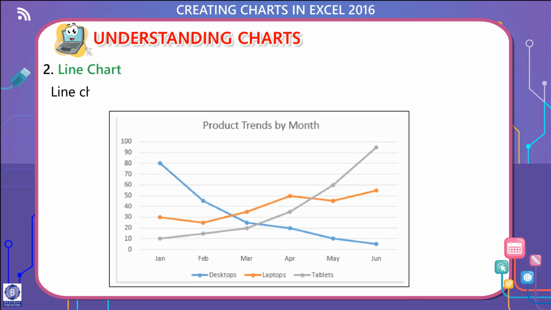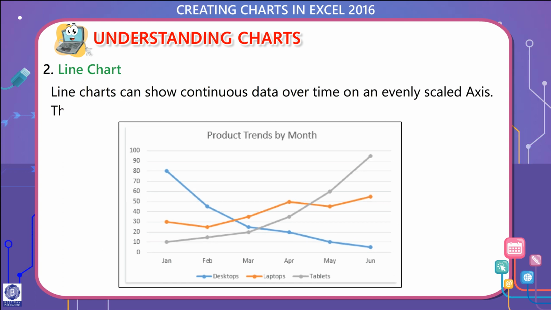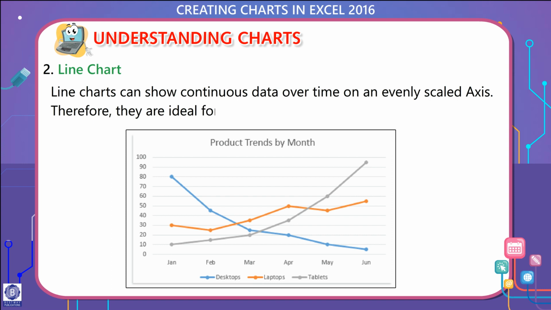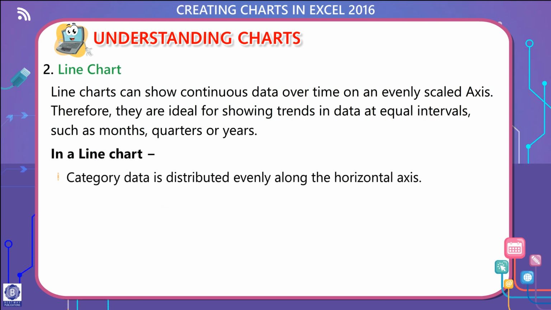Line chart. Line charts can show continuous data over time on an evenly scaled axis. Therefore, they are ideal for showing trends in data at equal intervals such as months, quarters, or years. In a line chart, category data is distributed evenly along the horizontal axis.